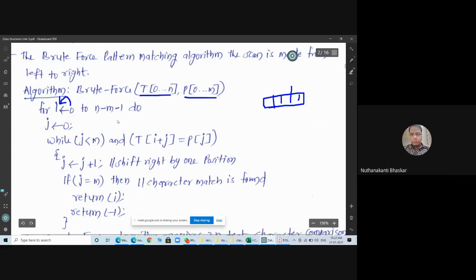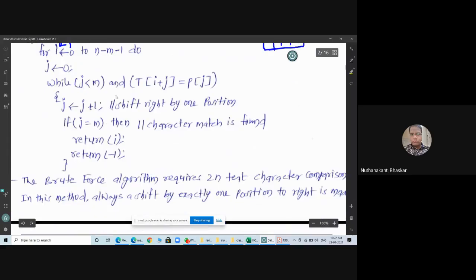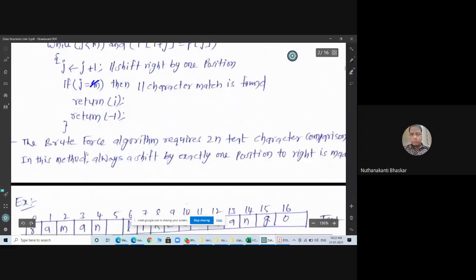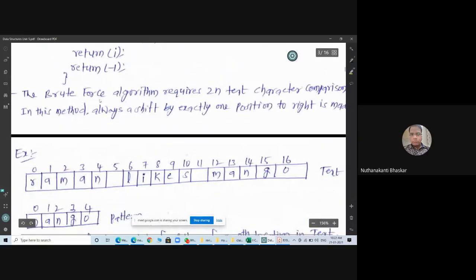While j is less than m and T of i plus j equals P of j, j equals j plus 1, so j is incremented to the next position. If j equals m, then the match is found and i is returned. Otherwise, minus 1 is returned. This is how the algorithm works.